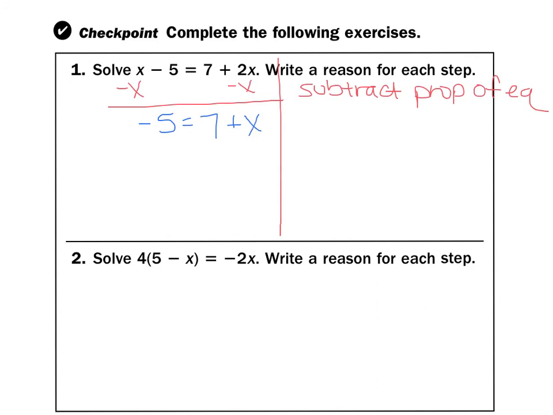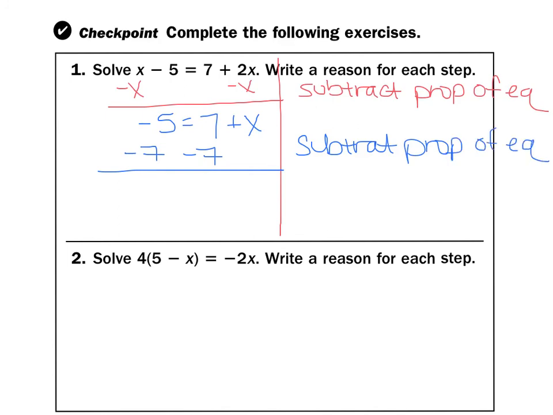So now to solve, I have to subtract 7 from each side. So again, what did I do? Subtraction property of equality. What is left now is that I have -12 is equal to x. So that one only took 2 steps, 2 subtraction steps, and you got your answer, x equals -12.